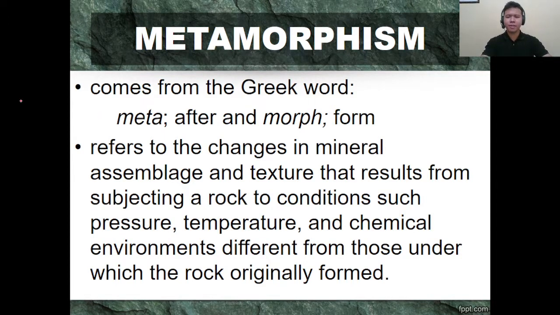So metamorphism comes from the Greek word meta, which means after, and morph, which means form. So it refers to the changes in mineral assemblage and texture that result from subjecting a rock to conditions such as pressure, temperature, and chemical environments different from those under which the rock originally formed.